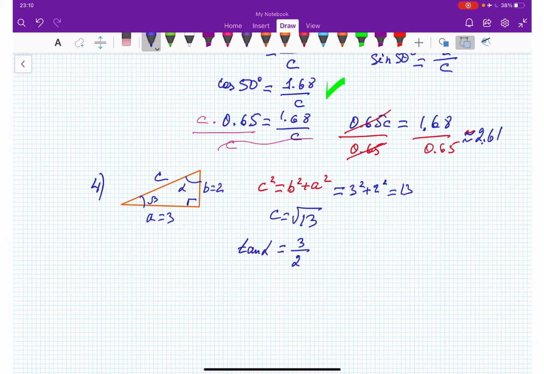So to find it, we write an inverse operation, which is alpha is going to be equal to tangent to the -1. The -1 is just the notation for inverse function, which means we know how much the tangent of the angle is, and that is 3 over 2. We want to find the angle which is matching 3 over 2.